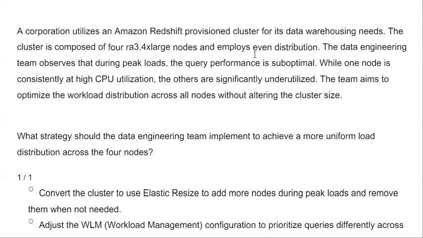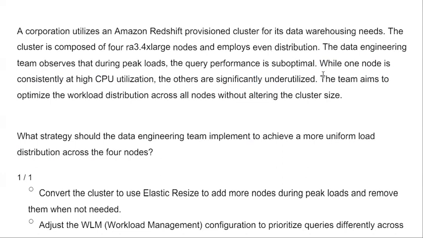The node containing that row will become a hot spot, right? So that's the issue here. The data engineer observes peak loads. The query performance is suboptimal. One node has consistently high CPU utilization, while the others are significantly underutilized. The team aims to optimize this workload distribution across all nodes.